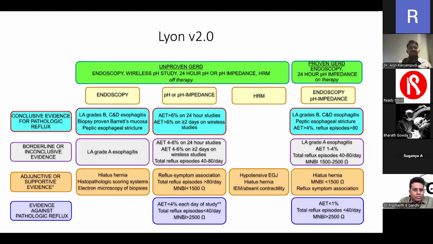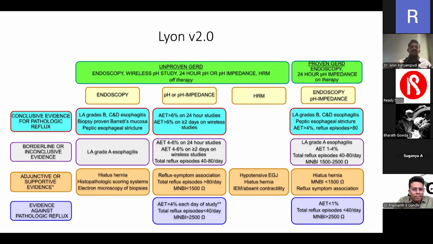But whenever there is borderline acid exposure, that is, if the acid exposure is between 4 to 6%, then it is only a borderline GERD, and you cannot conclusively tell that the patient has GERD.